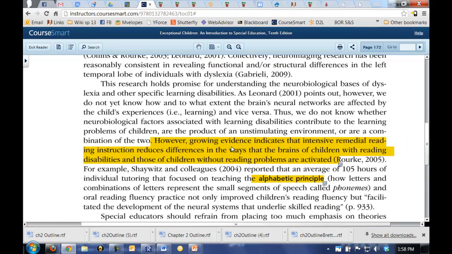And then research that holds promise for understanding the neurological base of dyslexia and other learning disabilities points out, however, that we do not yet know to what extent the brain's neural networks are affected by experiences and vice versa. And I think this is more than we know, is the child's experiences, both positive and negative. Let's talk about that later.